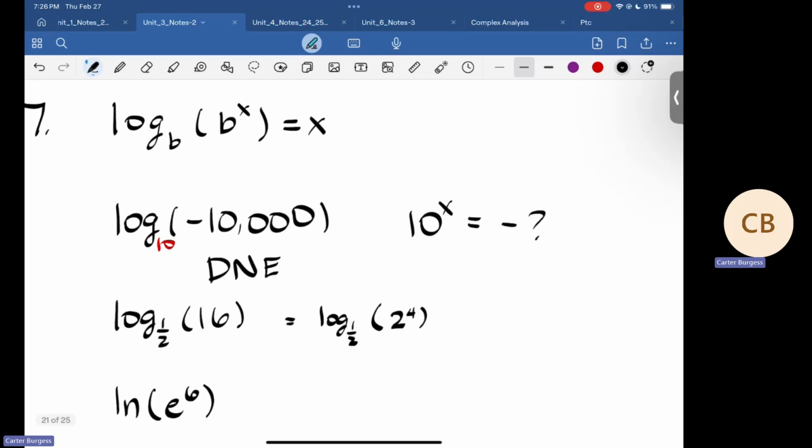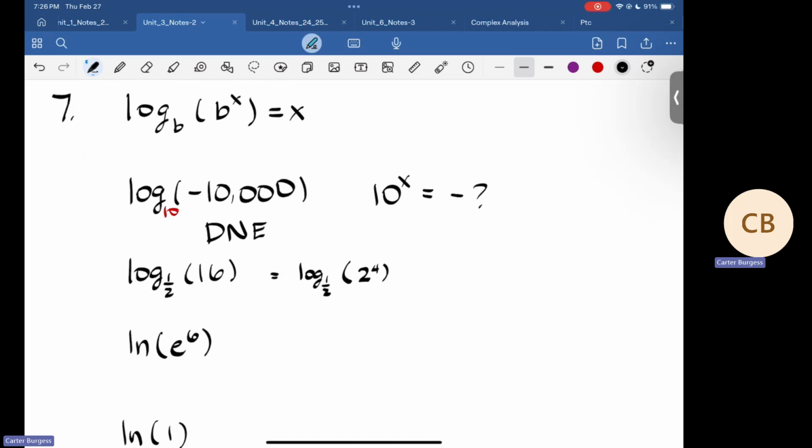But we're going to use that property that we just mentioned above that I then erased, which is that if I raise to a negative power, that is going to take the reciprocal of what I am looking at. So for instance, I could write this as log base 1/2 of 1/2 to the -4, and that -4 flips me from 1/2 to 2, and then that 4 takes me from 2 to 16, and so log base 1/2 of 1/2 to the -4 is just going to be that -4.